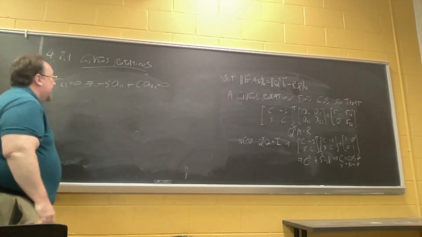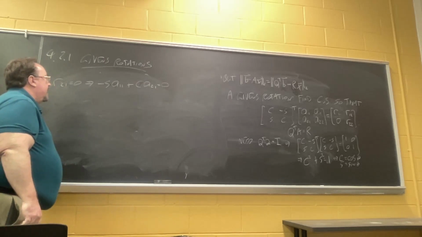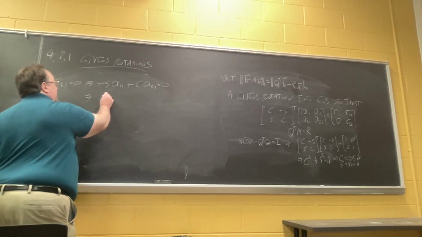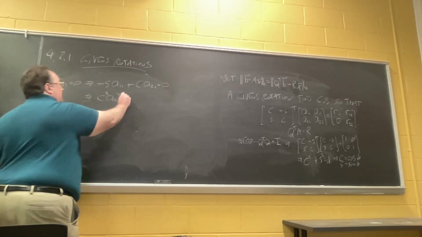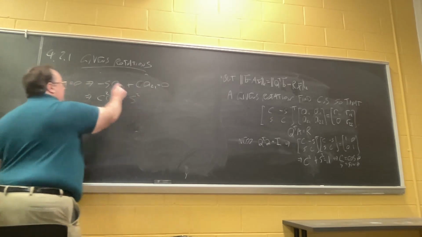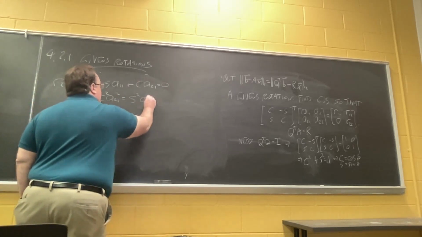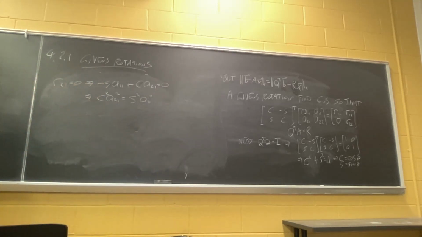All right. So if I move the sine term to the other side and square both sides, I get that. But now S squared is 1 minus C squared from what we saw earlier.